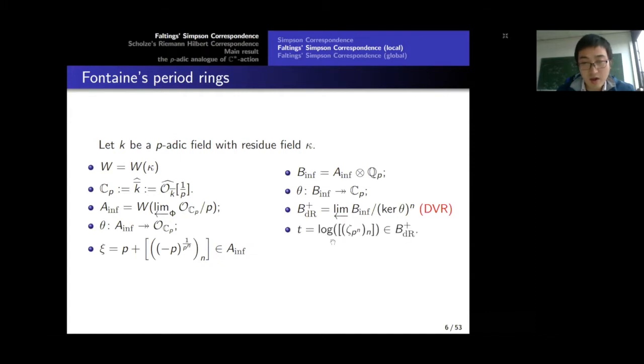We can also define another element t, which also generates the maximal ideal of this B_dR plus. But the p-adic valuations of these two elements Xi and t are not the same. And in this period field, there is a natural embedding map from K to B_dR plus.